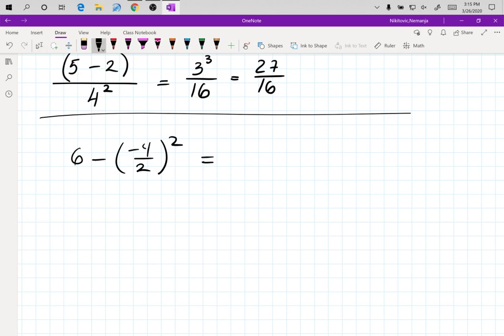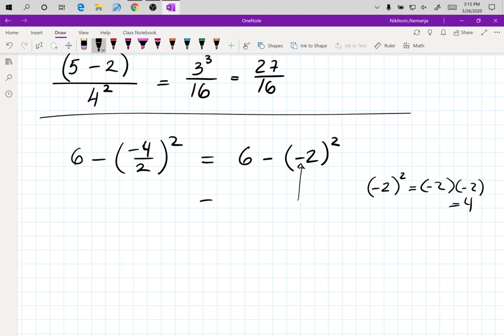We can divide, right? So we have 6 minus, and now -4 divided by 2 is -2, and then a square. Now observe that this negative belongs to the 2. So -2 squared is -2 times -2, which is +4. So this turns out to be 6 minus 4, and the answer is 2.